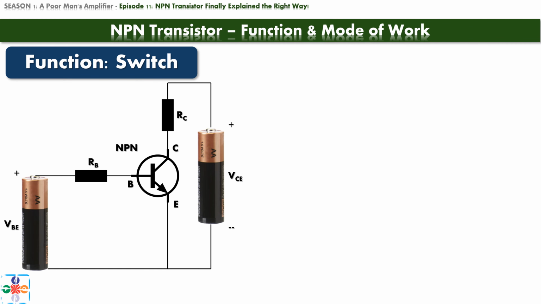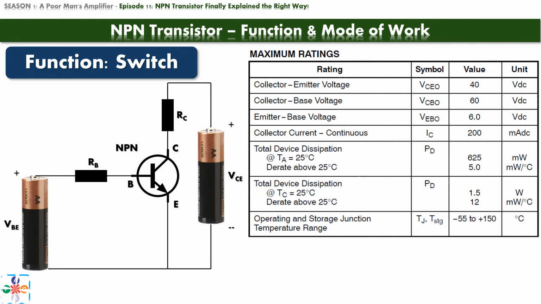For this video, we have chosen the widely used and very popular NPN transistor 2N3904. We also downloaded the datasheet from the manufacturer's website, so let's look at the maximum ratings. We need to know the maximum current we can safely run through our transistor. We are looking for the maximum allowed collector current.